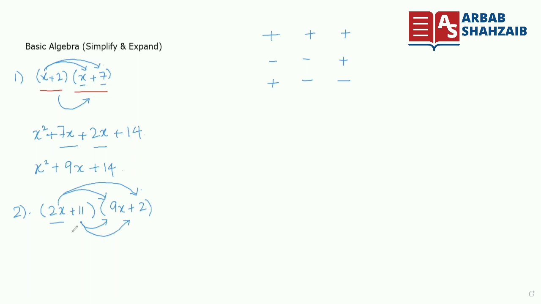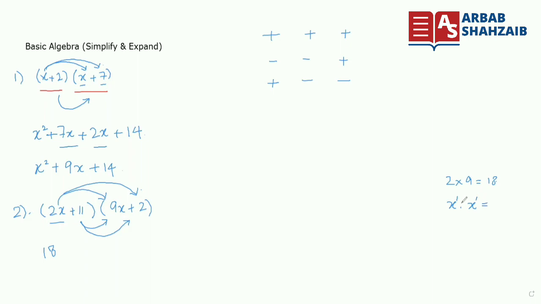So what will we do? We start the solution. So 2x multiplied by 9x: very first we need to see what is 2 multiplied by 9. 2 times 9 is 18, and x multiplied by x is x squared. Whenever we have same variables and we want to multiply them, always remember there is a positive power.